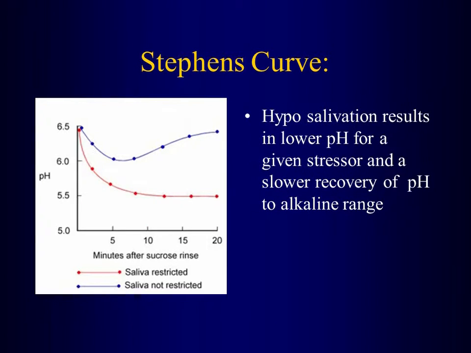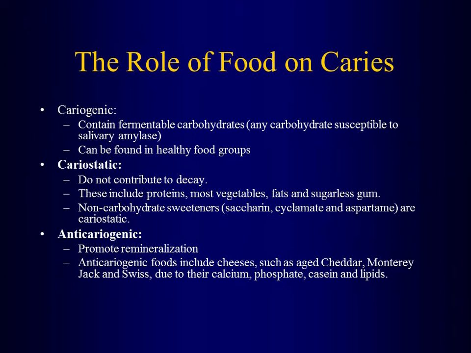This is the Stefan curve for a patient who has hyposalivation, compared to the curve for a normal patient. As you can see, if you don't have saliva, the pH goes down and it doesn't come back up. So unfortunately, that means that your teeth are exposed to acid on a constant basis.